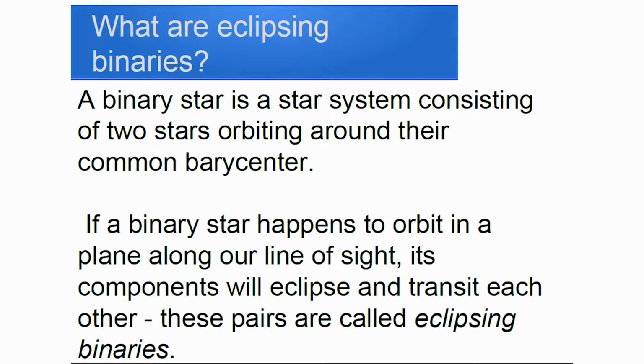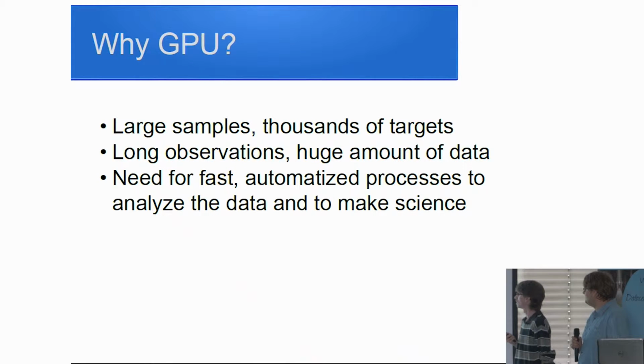Gábor, the previous speaker, has already spoken about binaries and eclipsing binaries, so let's go. Okay, this slide: why use GPU? He also mentioned that we have a lot of eclipsing binaries, thousands of targets, and we have long observations.